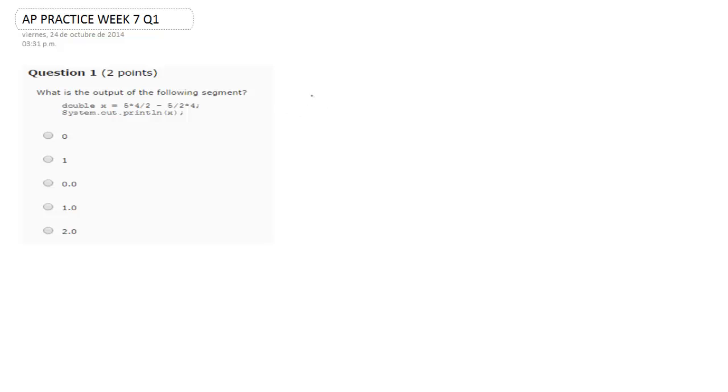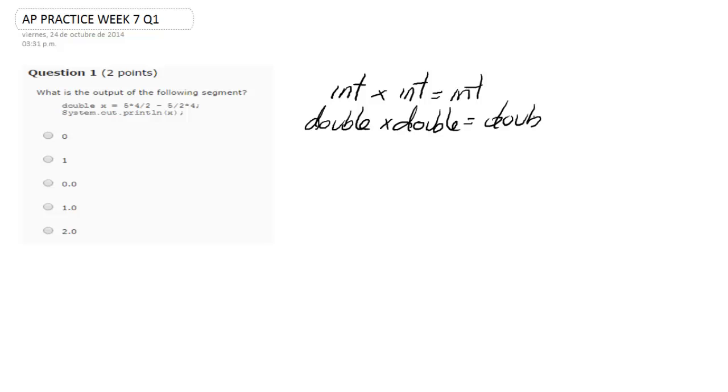So basically, the most important thing is that an int times an int will be an int. A double times a double will be a double. An integer times a double, the result will be a double. Now, you can cast the numbers.